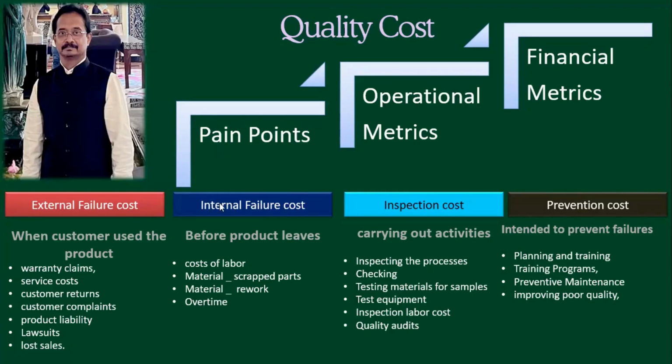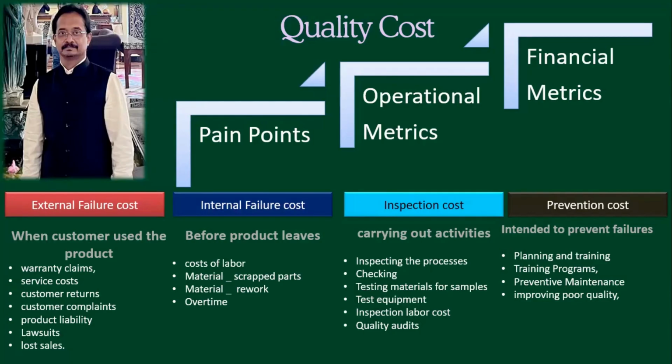When it is coming to the quality cost, external failure cost, right? For example, we will take a product. For example, I'm releasing an iron box to the market. When my iron box is not working properly, they return it saying I have a warranty for 1 year, so do the repair.